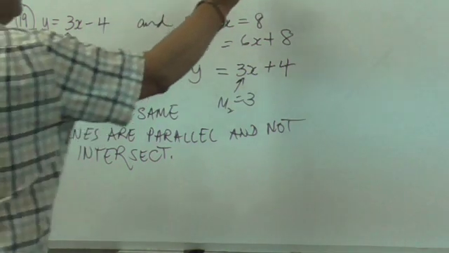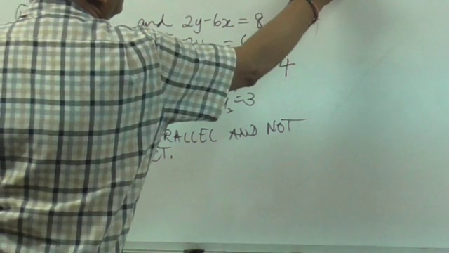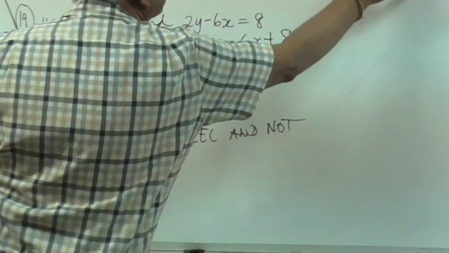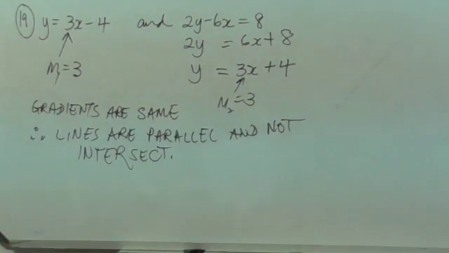So that's the point of intersection. And then number 19, we're trying to find out whether they can intersect. Well, we bring them to standard form, we compare them, we find the gradients are the same. They are parallel and therefore they will not intersect. Okay, let's move on.